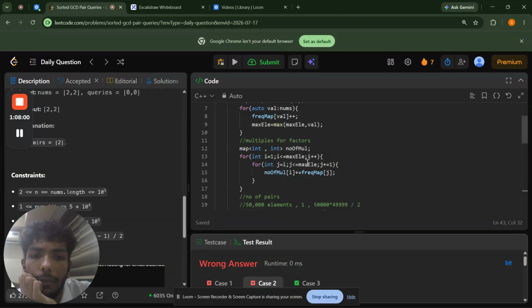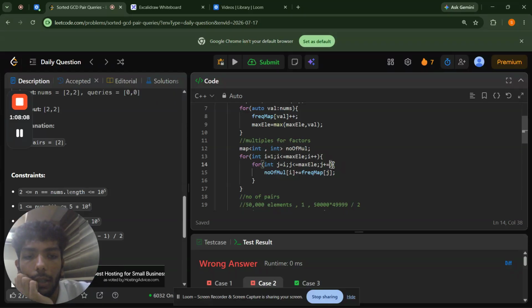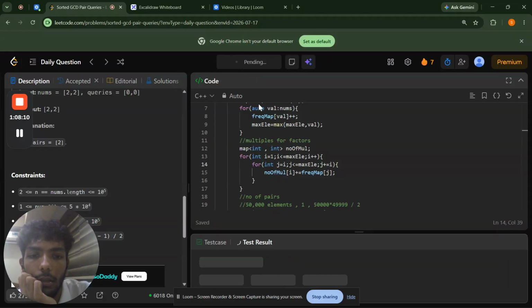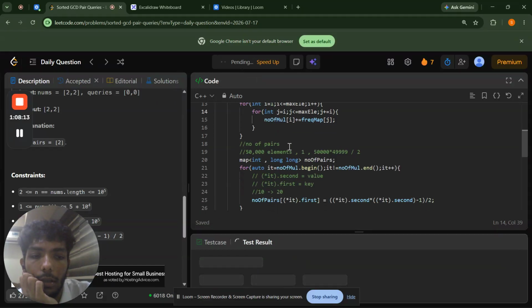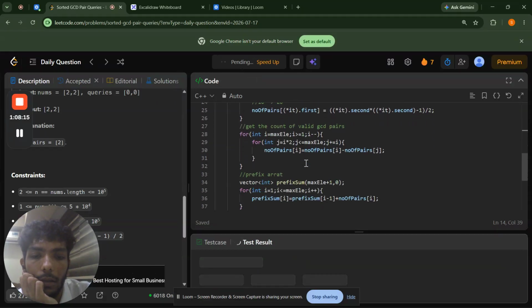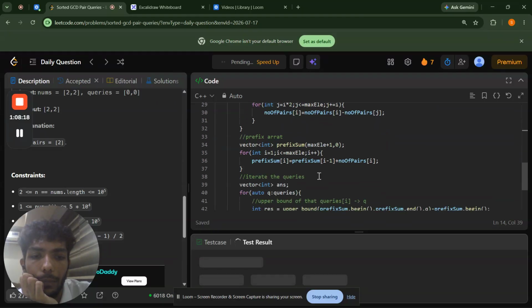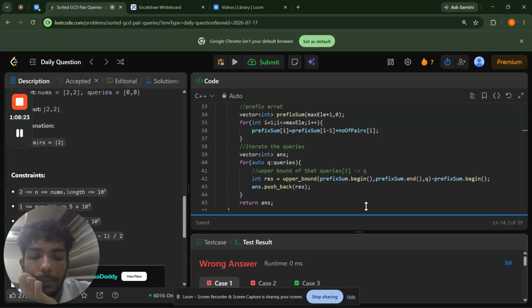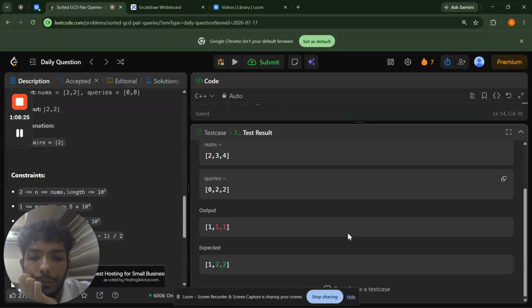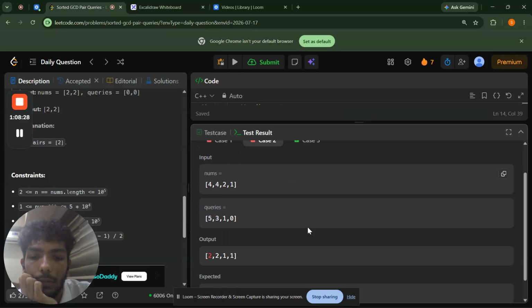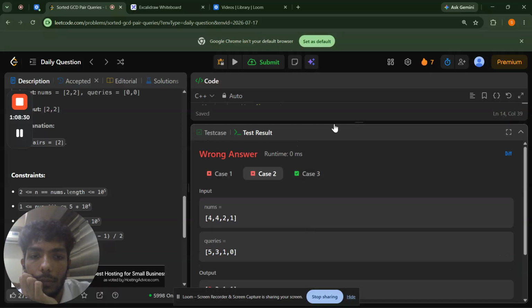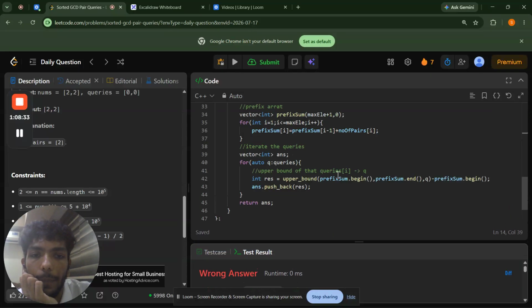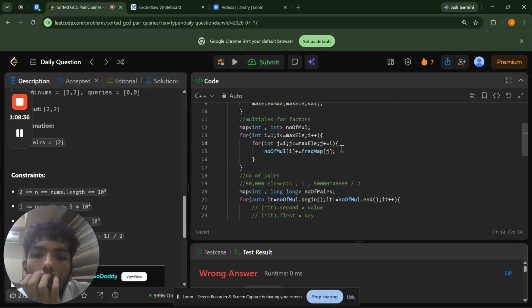We have found multiple factors, j equals i, j plus equals i, but it is still incorrect.